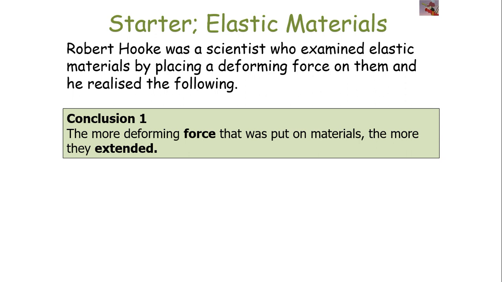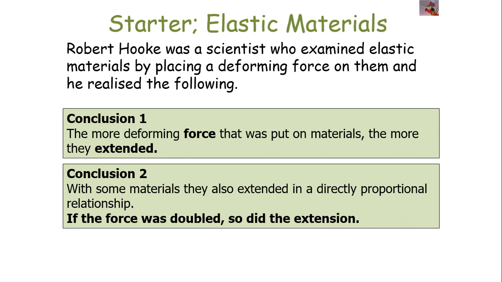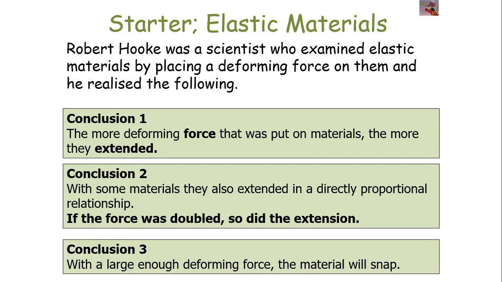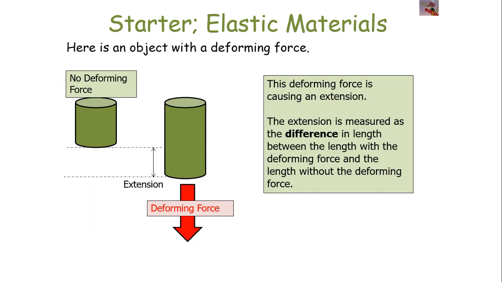The more the deforming force placed on a material, the more the elastic material extended. Now, when some materials extended, they extended in direct proportionality to the deforming force placed upon them, and then with a large enough deforming force, the material snaps. So, just to clarify what we mean by extension.